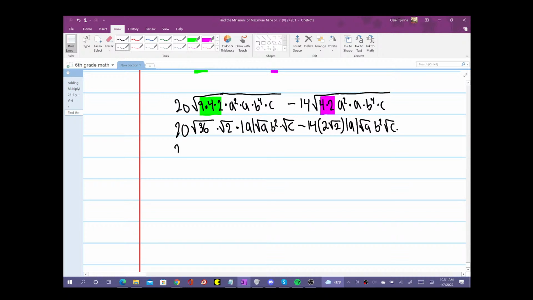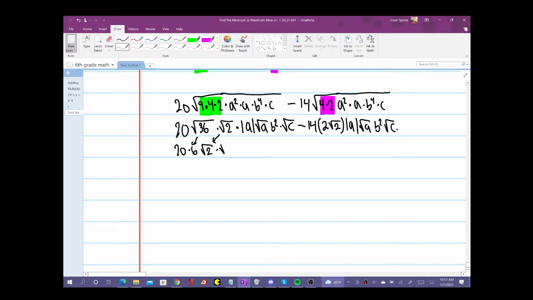So we have 20. We're going to write down times 6 times the square root. First we're going to do all the ones that are square root.